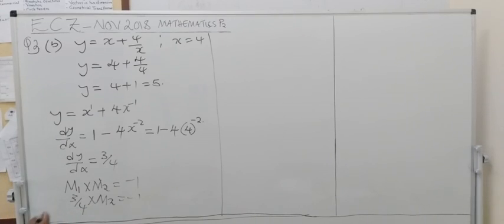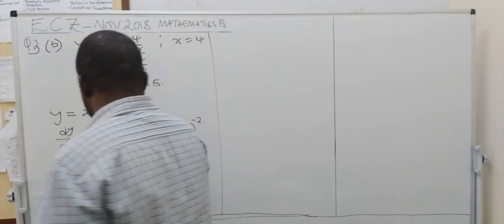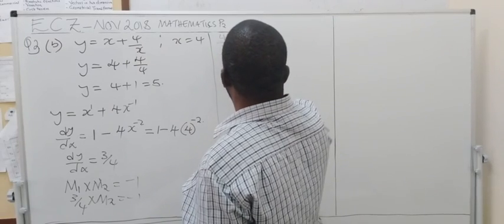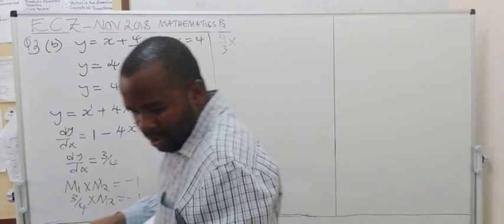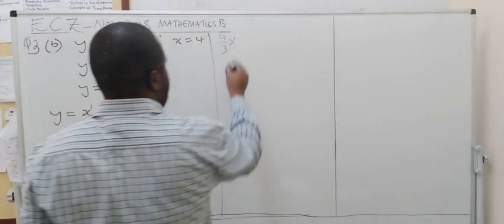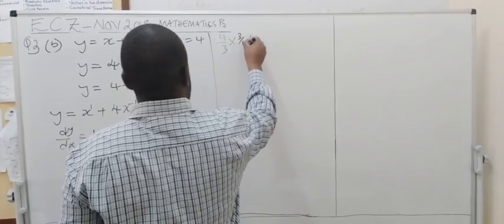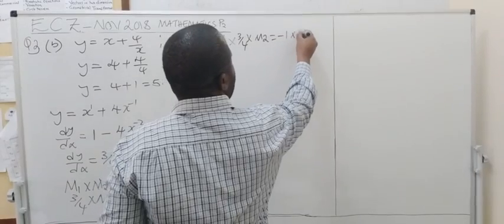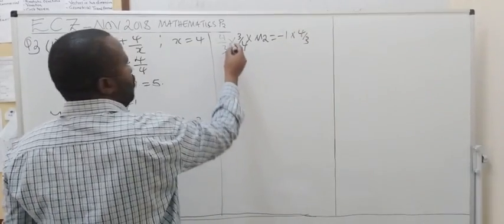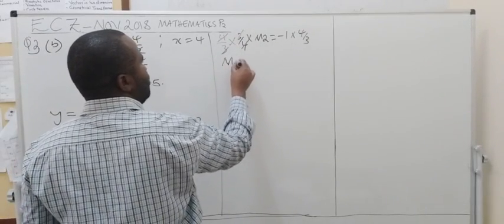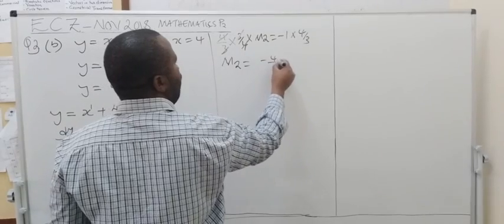You multiply both sides by the reciprocal, 4 over 3. So 3 over 4 times m2 is equal to negative 1 times 4 over 3. This and this cancel, this and that cancel, remain with m2. So m2 is equal to negative 4 over 3.